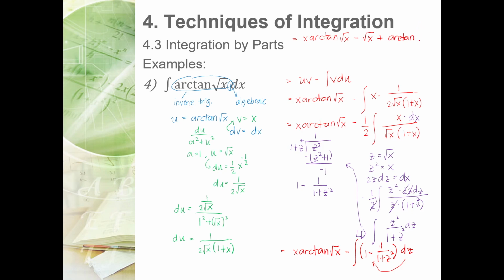So z is just square root of x there, plus c. So final answer would be x minus 1, rather x plus 1 arctangent square root of x minus square root of x plus c.